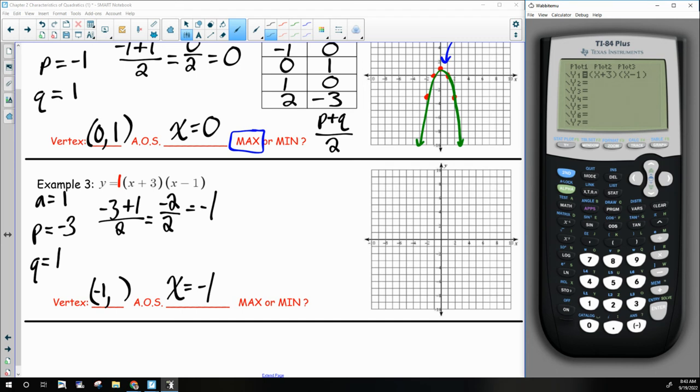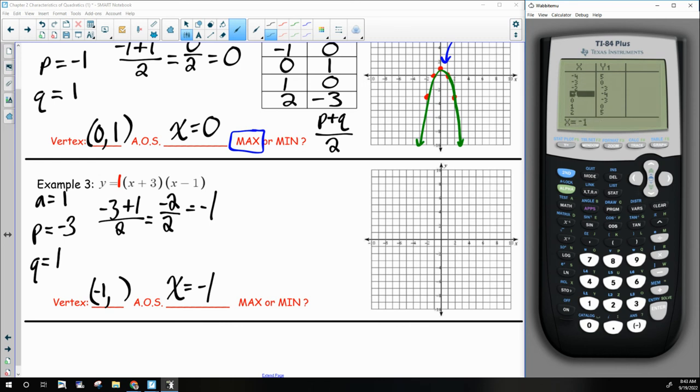Get it into y equals, and remember, we have 3 ways to do this. We could take negative 1 and plug it back into the equation and do a bunch of algebra to simplify. We can go to our table and find negative 1. Or we can go to our graph and type in negative 1. Lots of different ways we can do it. So I'm going to my table, and I'm looking for negative 1.